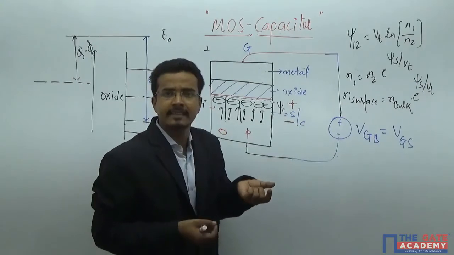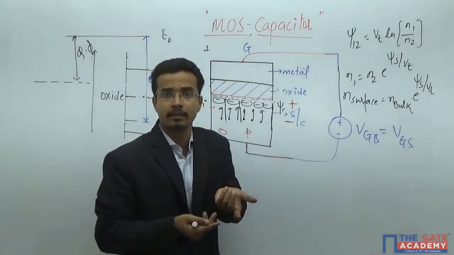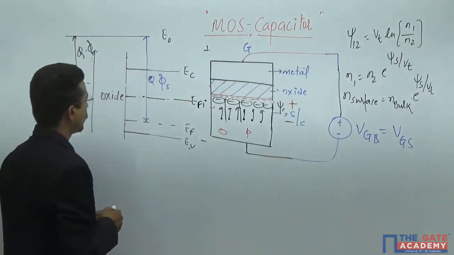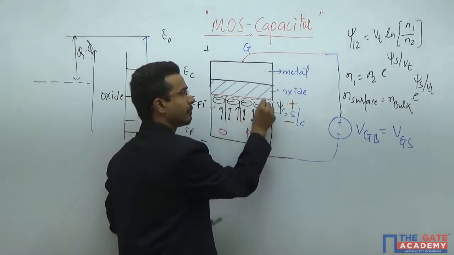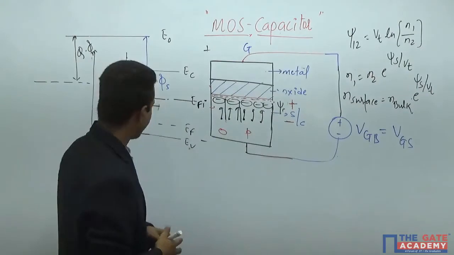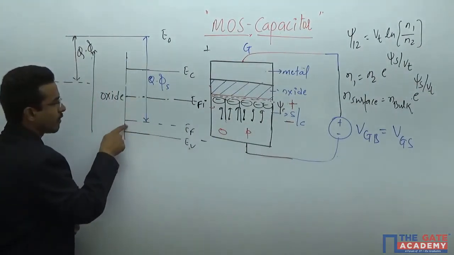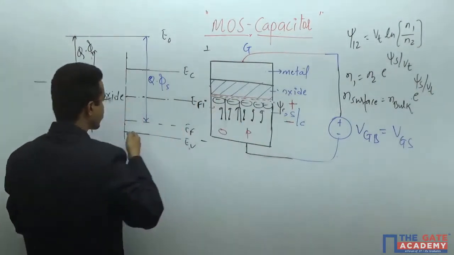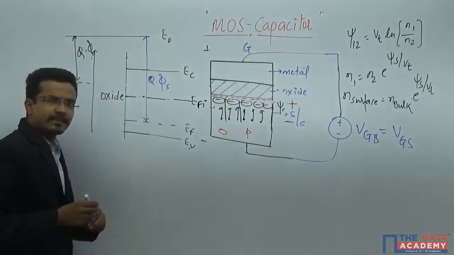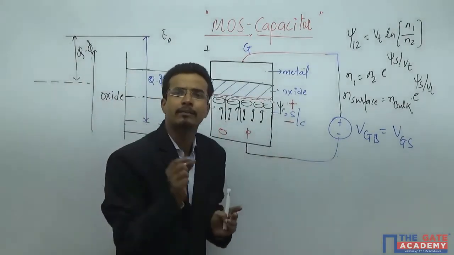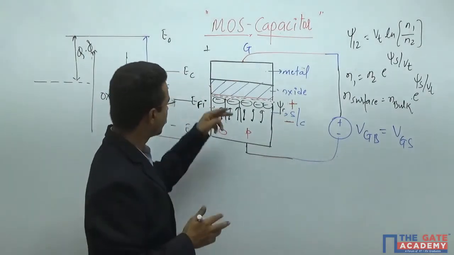When psi s keeps increasing, meaning psi s is positive, what will happen here? The negative charge carriers will come here slowly. That means at this surface, what will happen? This interface is this interface here in the energy band diagram. As psi s is greater than 0 but a very small value, then what will happen?